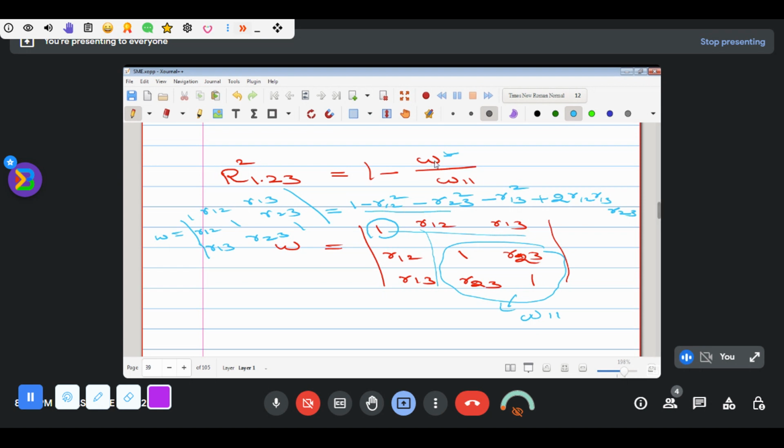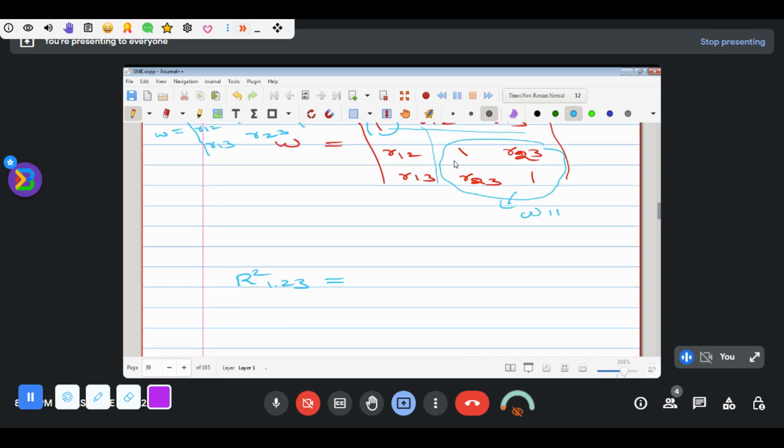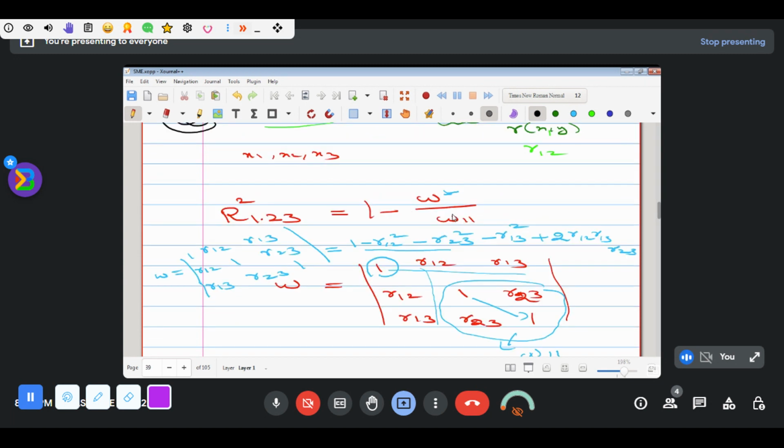Therefore, apply the omega result. And what is the result of omega 11? You know the omega 11 concept, just cross multiply. Therefore, omega 11 equals 1 minus R23 whole squared. Apply the main formula, omega divided by omega 11.